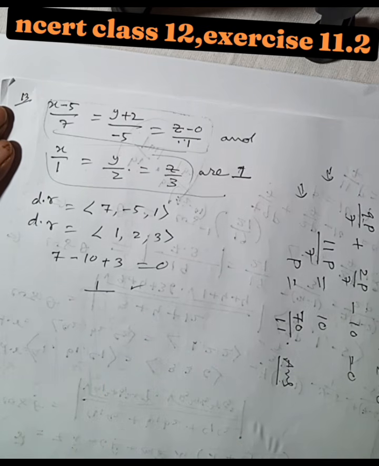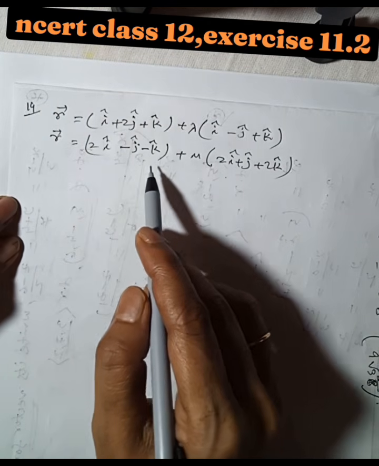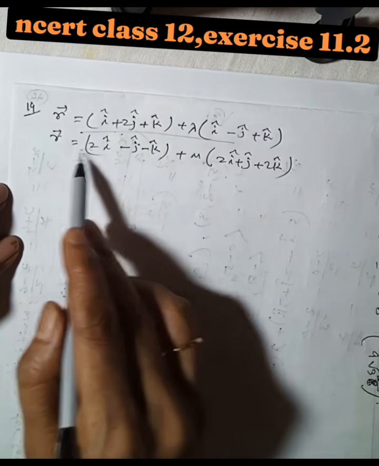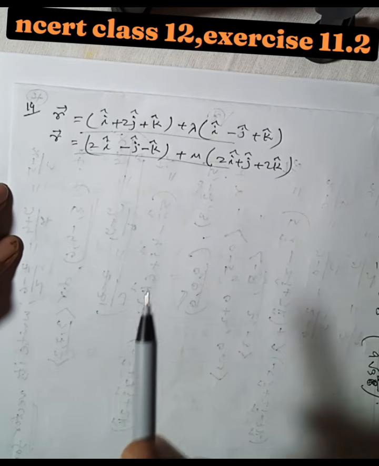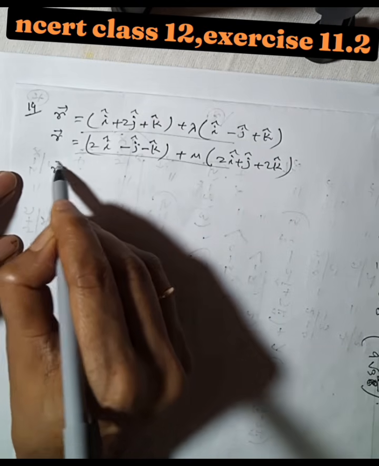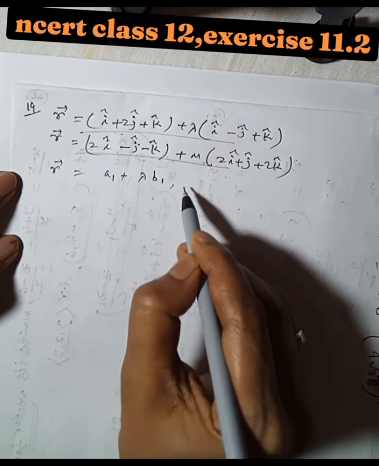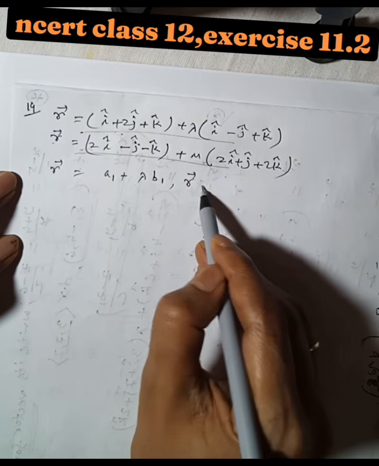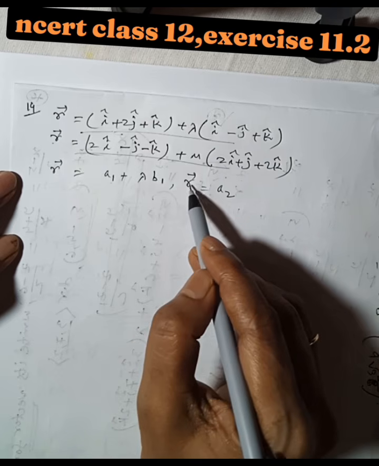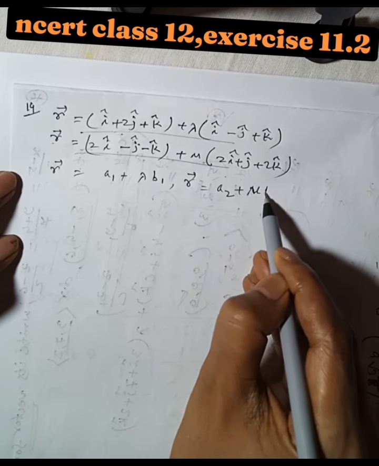Now we solve question number 14. In question number 14, we find the shortest distance between the given lines. Here equation 1 is r = a1 + lambda b1, and equation 2 is r = a2 + mu b2.